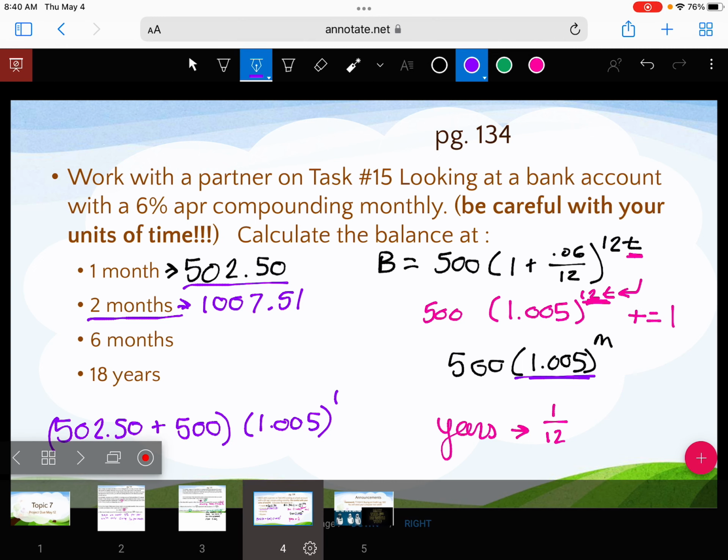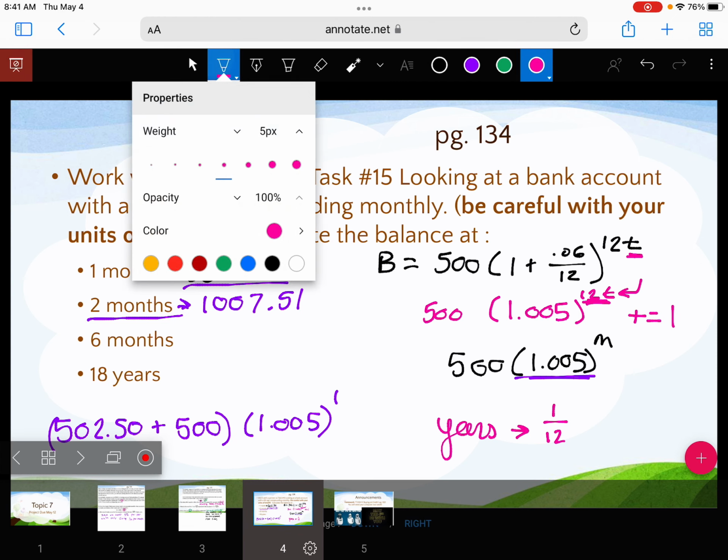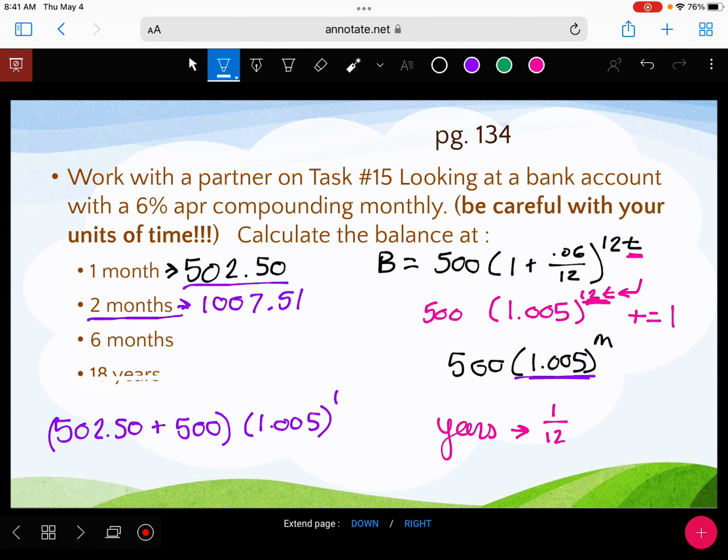And the 18 years is honestly super obnoxious, so let's not look at 18 years right now. And then I will show you a way that we can estimate this. We'll get it close. The true calculations for this are obnoxious.